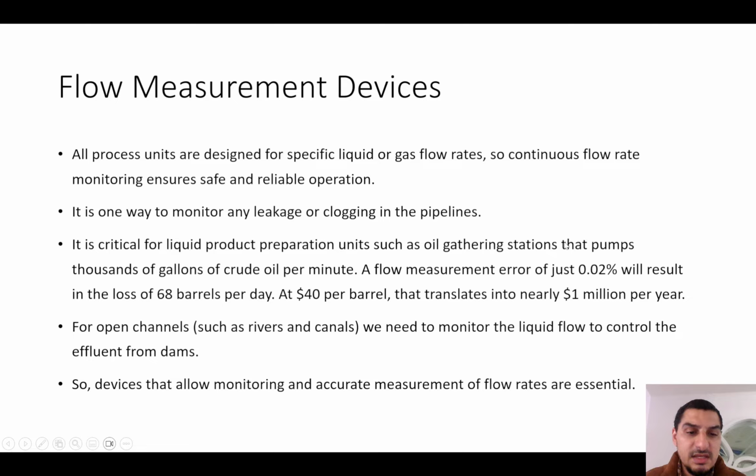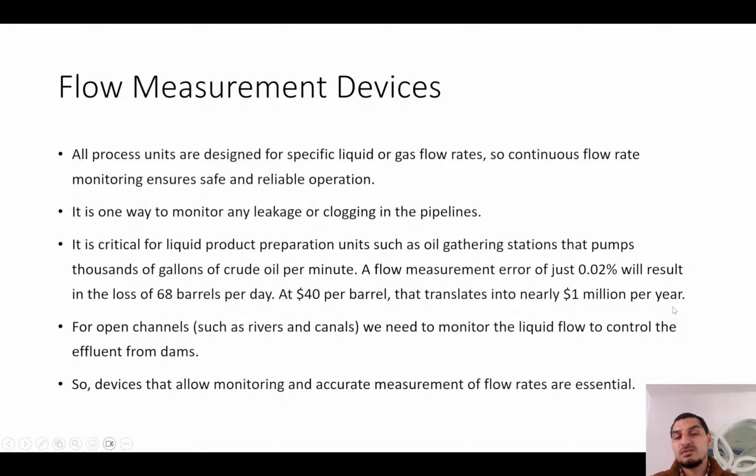So let's say if we have 0.02% error in the flow measurement of crude oil, for instance, then it means 68 barrels per day of difference, even if it's just 0.02%. So this means a lot of money.